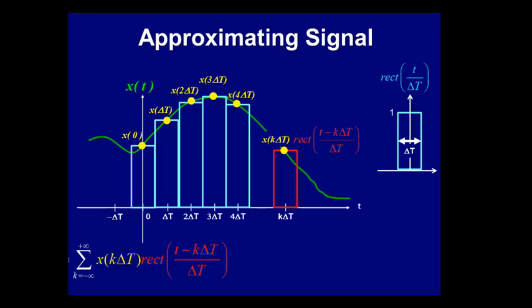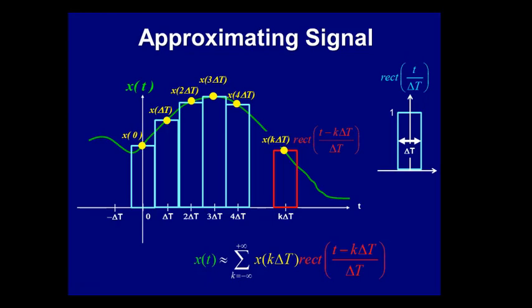If this function x of t goes off infinitely long in both directions, I'm going to need k to have values 0, 1, 2, 3, 4, 5, all the way up to infinity, and all the way back to minus infinity. So I'm going to need to sum up a bunch of rectangles from k equals minus infinity to plus infinity. And I'll have not my original signal, but a kind of staircase approximation for it. Right?